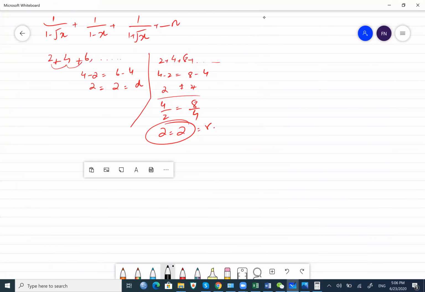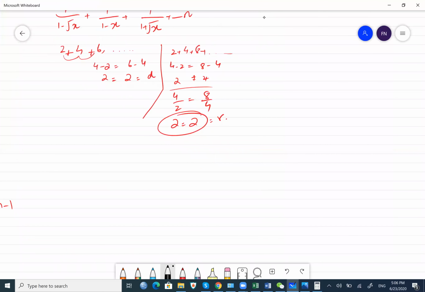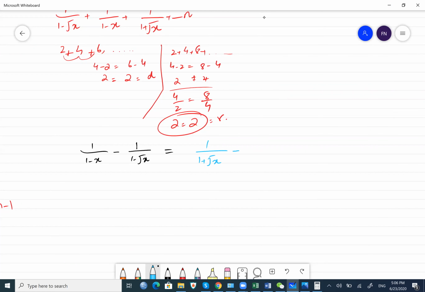How will we prove that? We know that if it is arithmetic, the difference of the first two terms, 1 over 1 minus x minus 1 over 1 minus square root of x, should be the same as the third term minus the second term. Is that clear?